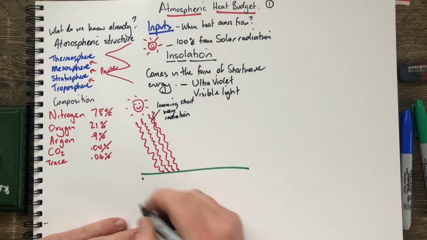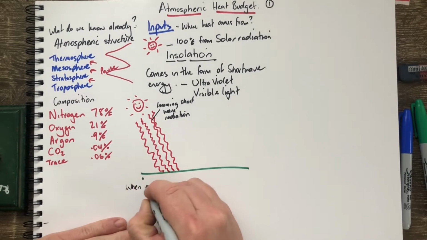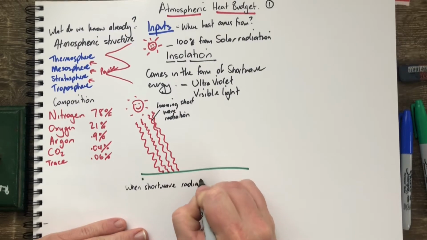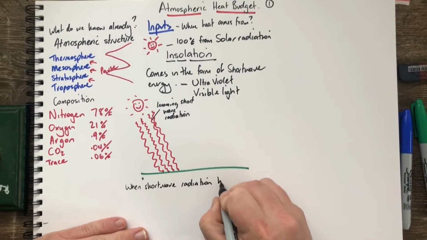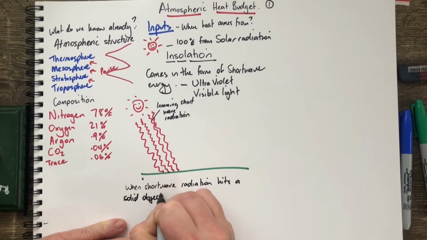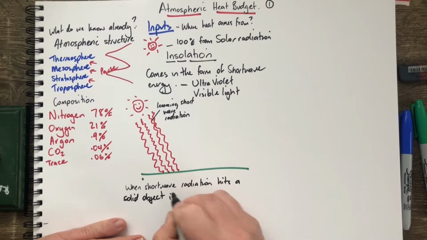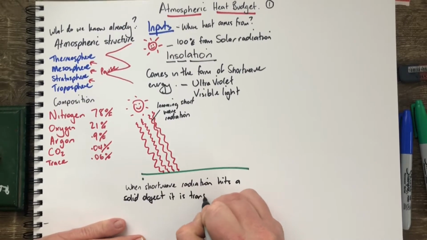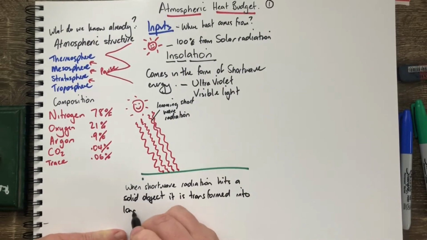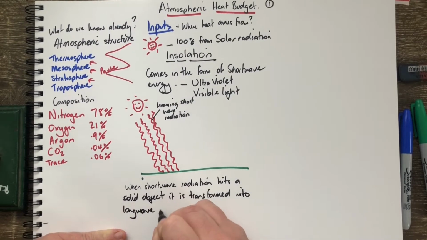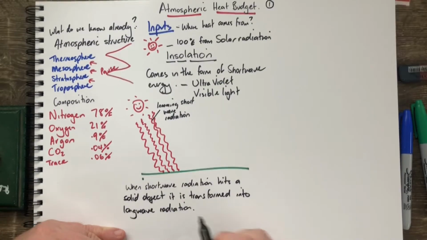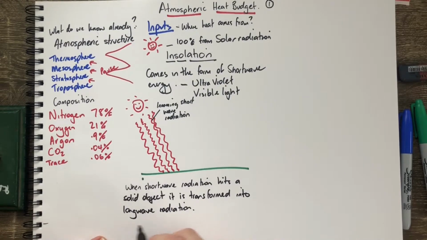So I'll write this down first. When shortwave radiation hits a solid object, it is transformed. This is infrared.